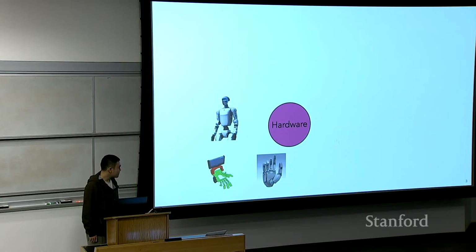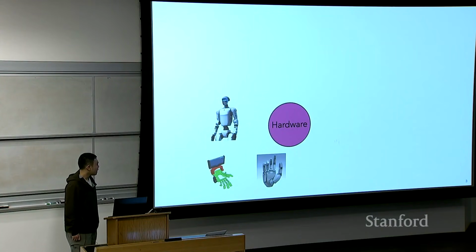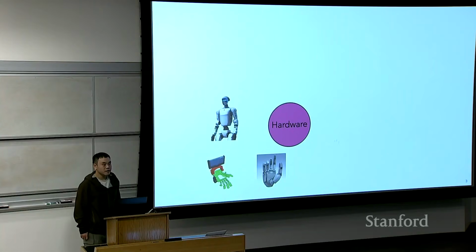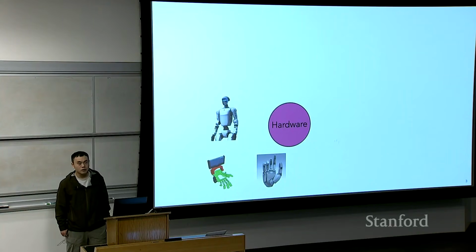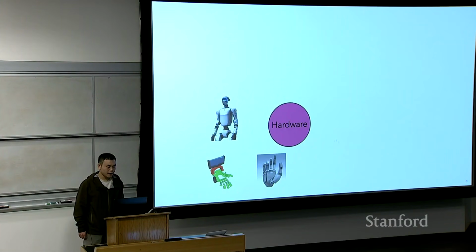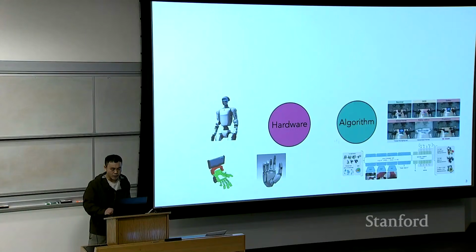On the bottom left is a decoupled capture device, which is developed here by Shuran Song's group. This device basically accelerates data collection for robotic manipulation, for dexterous manipulation.